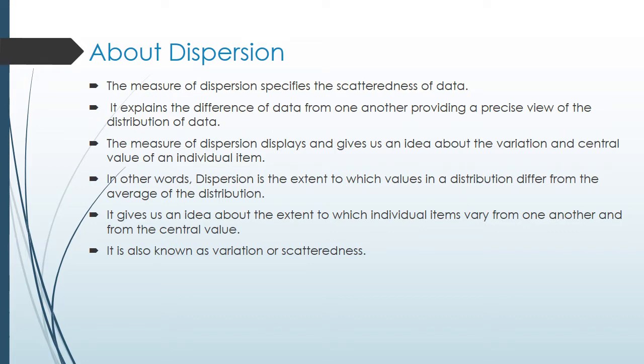It gives us an idea about the extent to which individual items may vary from one another and from the central value. Thus, it is also known as the variation or the scatteredness.